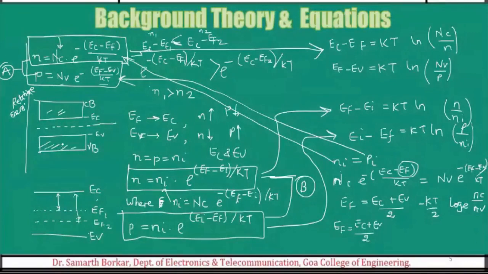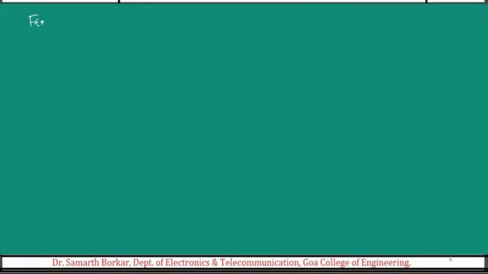Fine. Next, Fermi level in extrinsic semiconductor. This is the part you missed out in the last class. Now, the objective here is to make out how this value varies with temperature and concentration of impurity, that is doping.